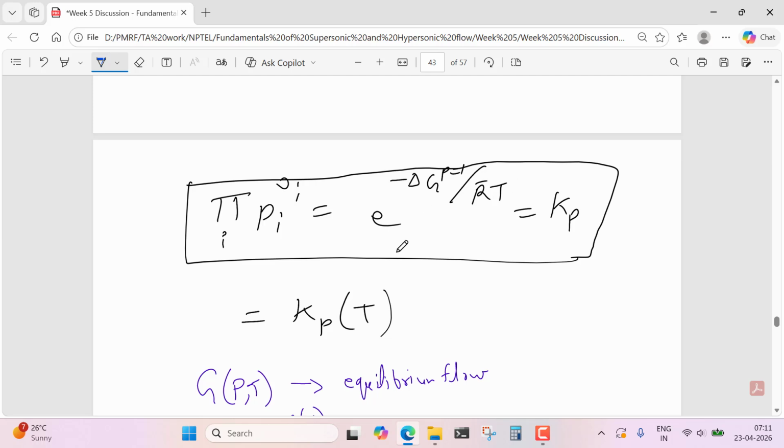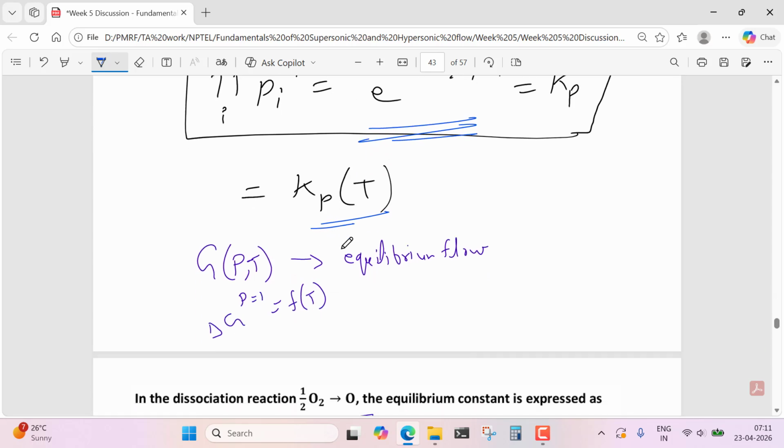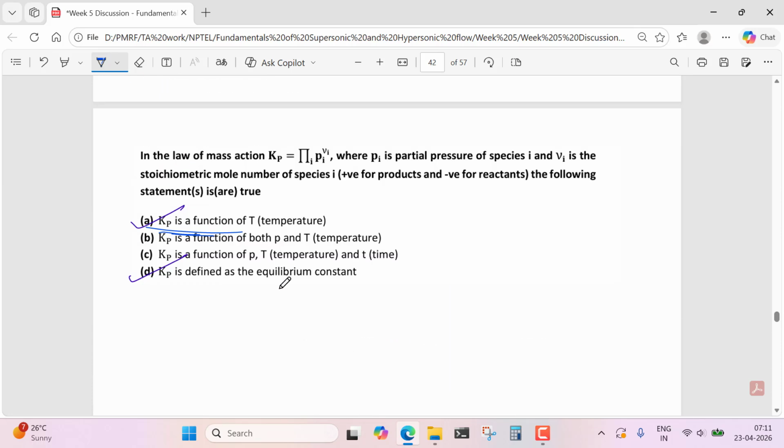If you see this part, you can see that Kp is a function of temperature only. So option A is also correct: Kp is a function of temperature.